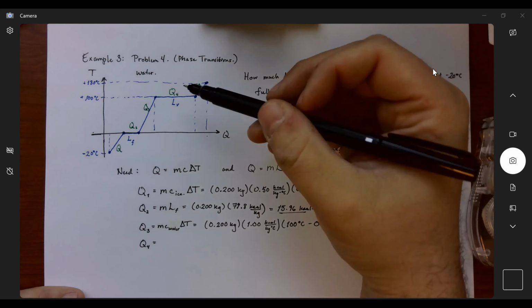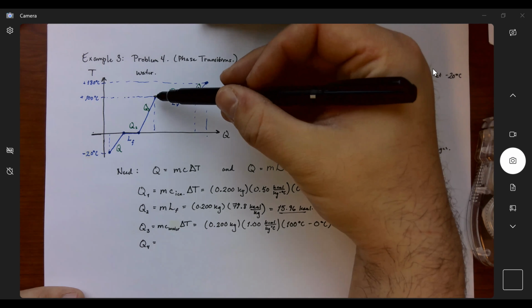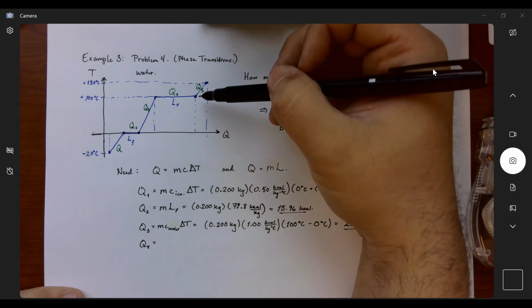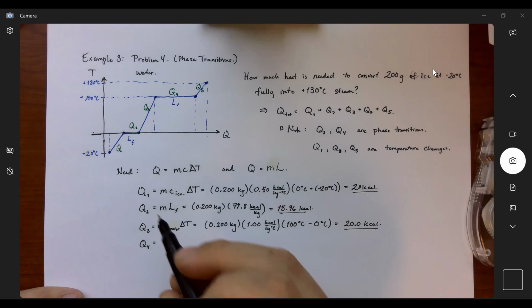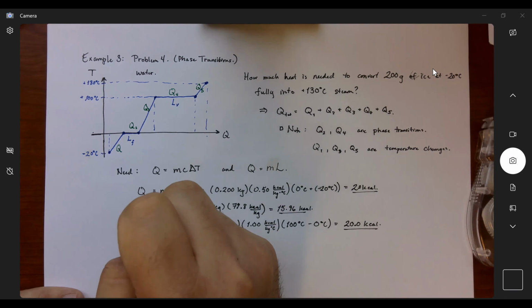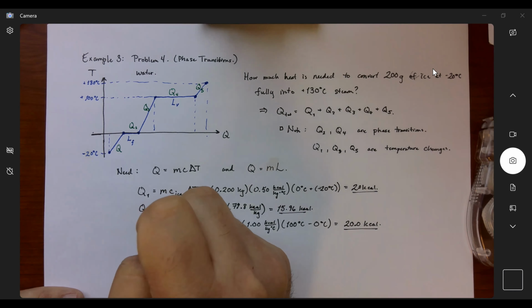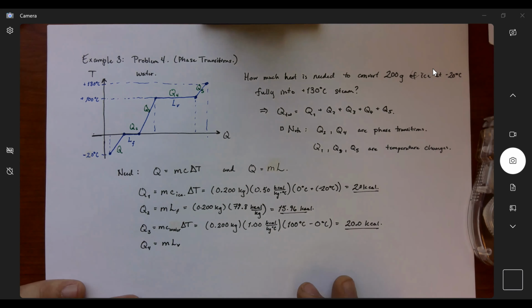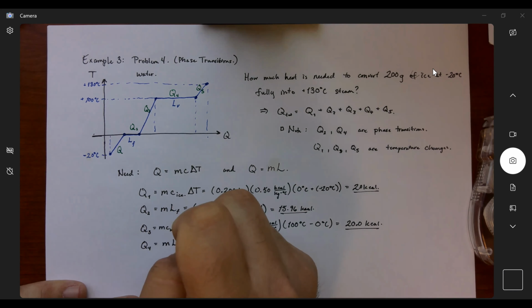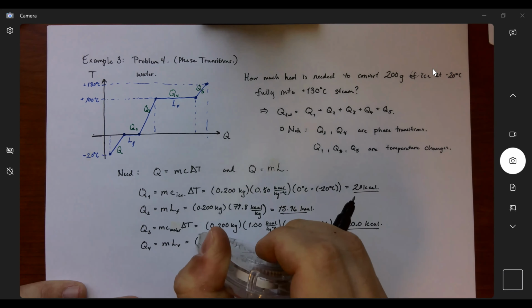Moving on, here we have the heat being added to the system in order to convert liquid water into water vapor at this point here. And so we're going to, again, have a phase transition there, but in this case, this is going to be the latent heat of vaporization. We're converting all of this mass into steam.